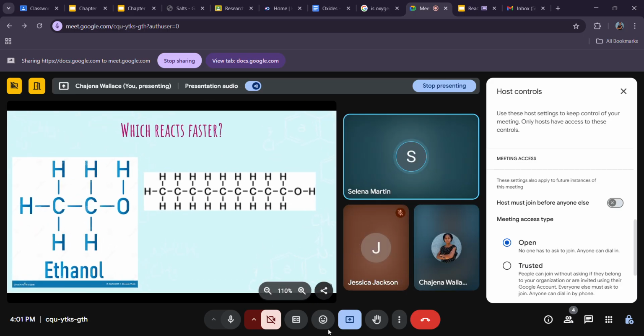Is the one with the 9 carbons? You said that reacts the fastest or the slowest? Oh, slowest. Yes, that would react the slowest.